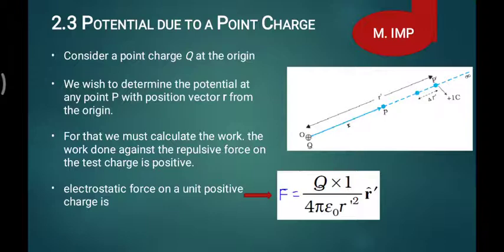I say it is a unit charge because electrostatic potential is independent of the charge you are bringing, since it is already divided by it. That is the magnitude, and the direction is along r.